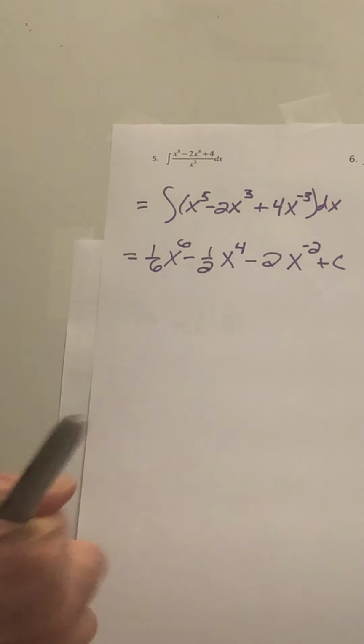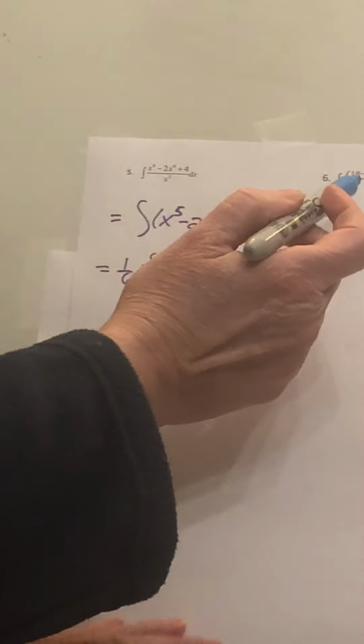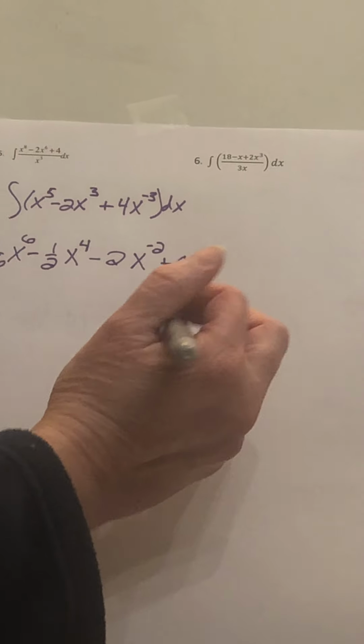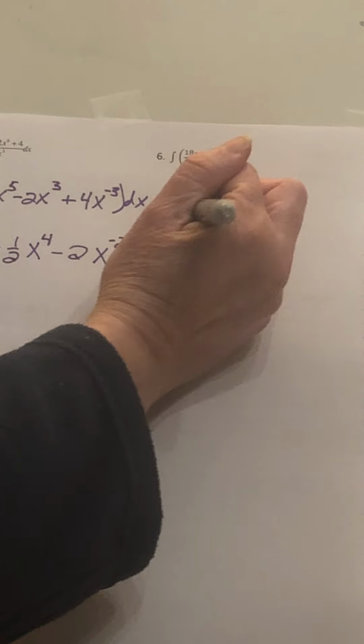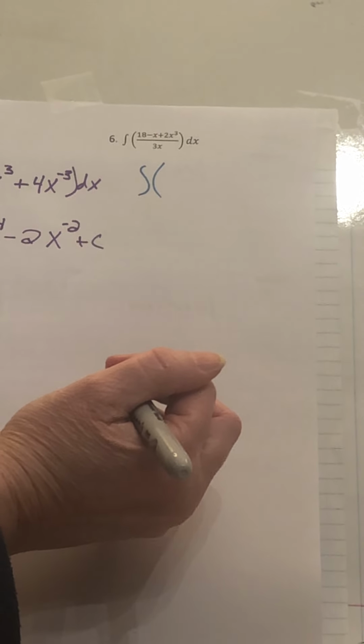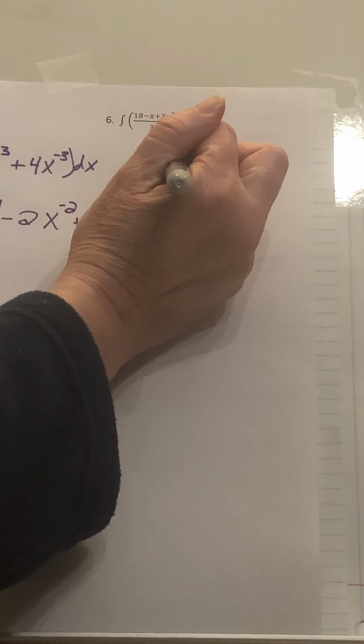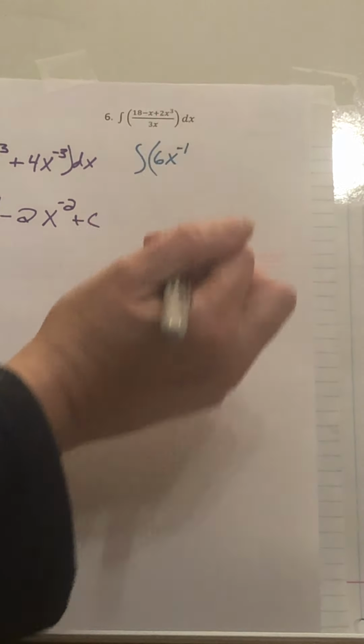The last problem we have, we're dividing all the terms by 3x. So when I divide by 3x, 18 divided by 3 is 6. There's no x's to cancel, so it actually ends up being 6x to the negative 1.